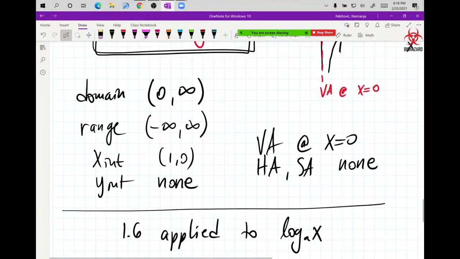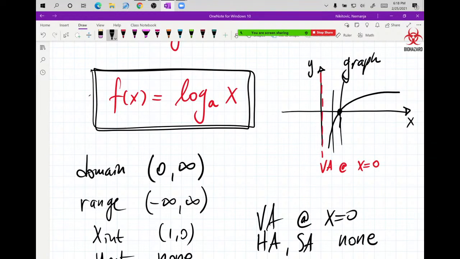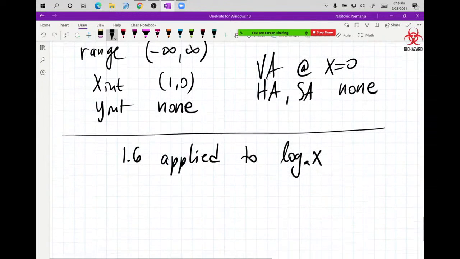Oh, by the way, we see it's a function because it passes the vertical line test everywhere. We all see that, hopefully. So we don't have to debate whether the logarithmic function is a function. Apart from the title telling us it's a function, you can also see in the graph that it passes the vertical line test everywhere. So yes, it is a function. We don't have to think too hard about that.